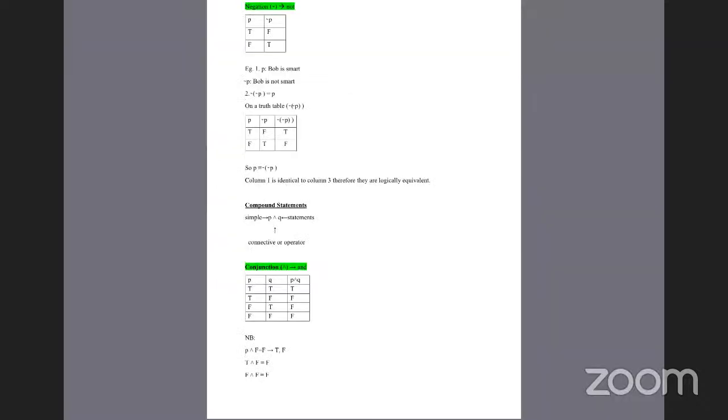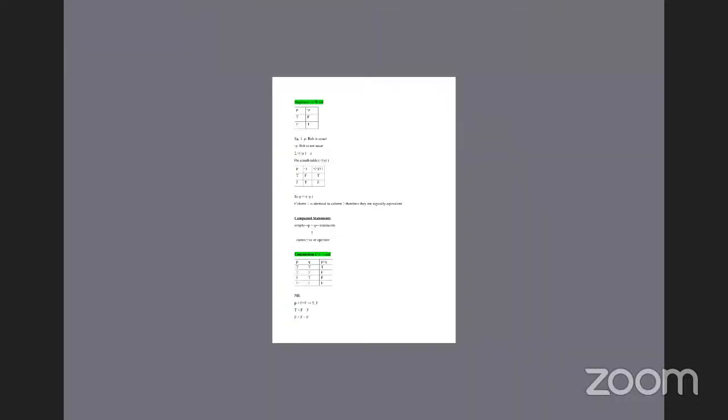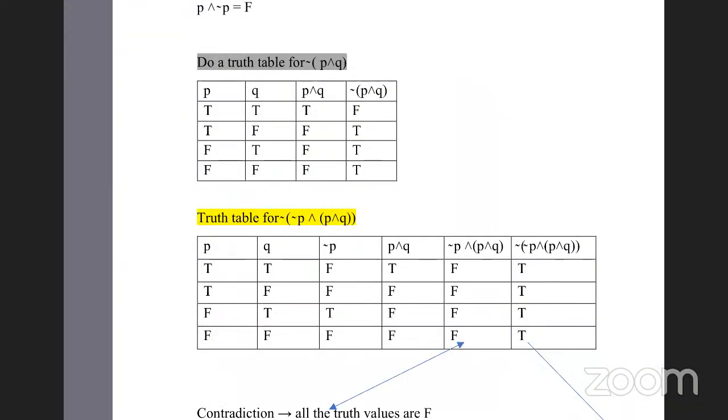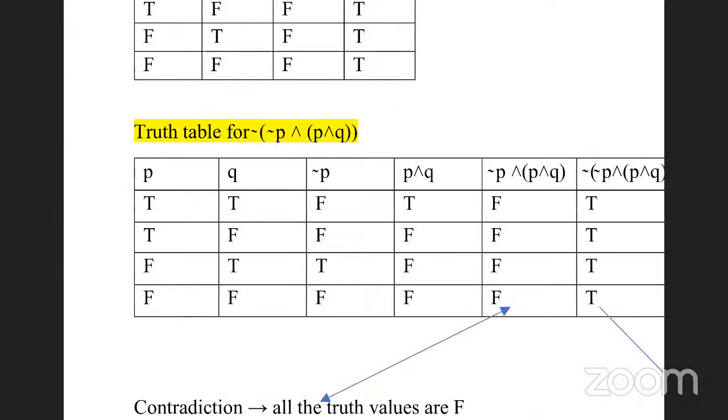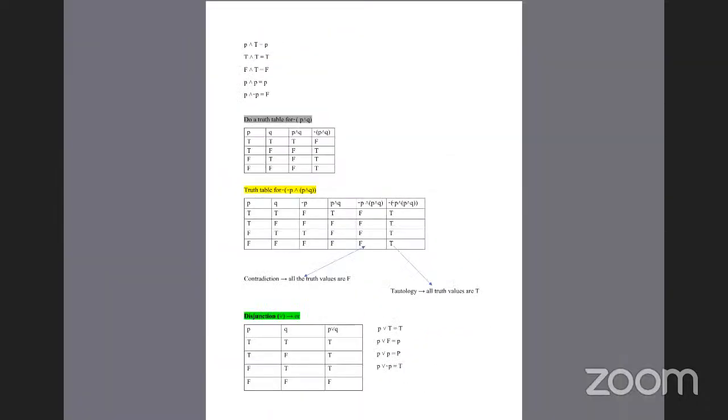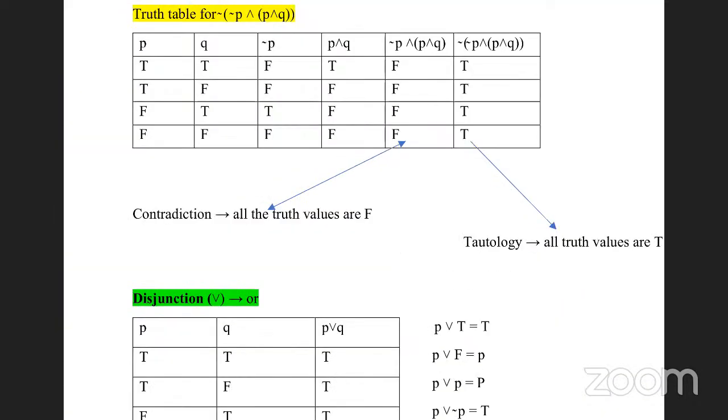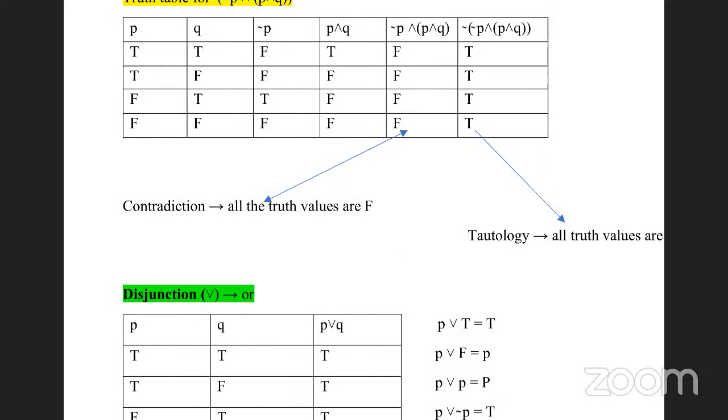All right, nice. Let's continue here. That was something that we did a little while ago. We'll come back and do some more truth tables just now. There are two definitions that we need to learn. If something is all false, then the statement is said to be a contradiction.